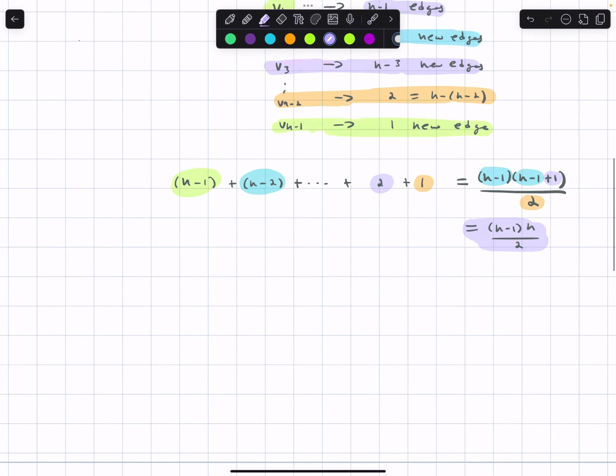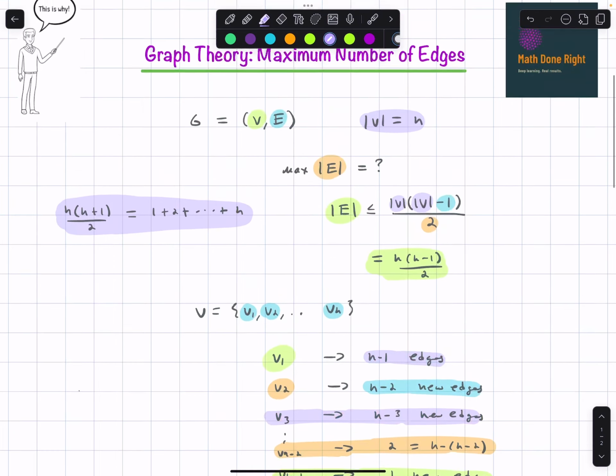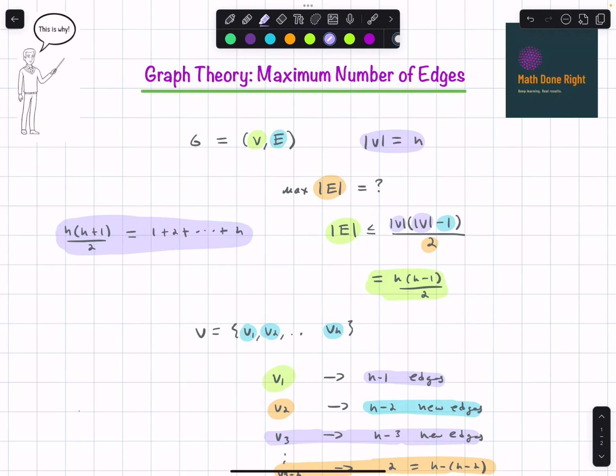That's a very nice, clean, simple way to prove it. We'll see another way to prove it, because why not? It only deepens our understanding. In the next video, we're going to look at how to prove this by induction. We're going to show that it's true for a graph with one vertex or maybe two vertices. You can do it for the base case, it doesn't really matter. The key is going to be the induction step.